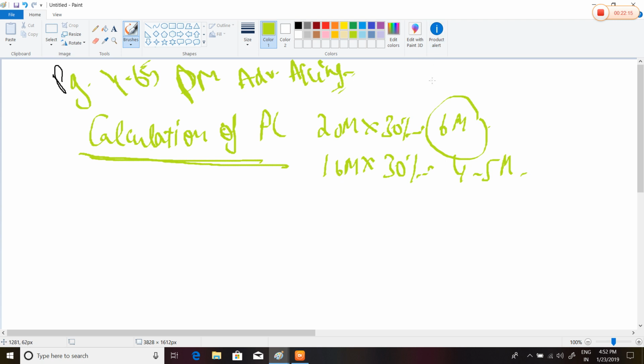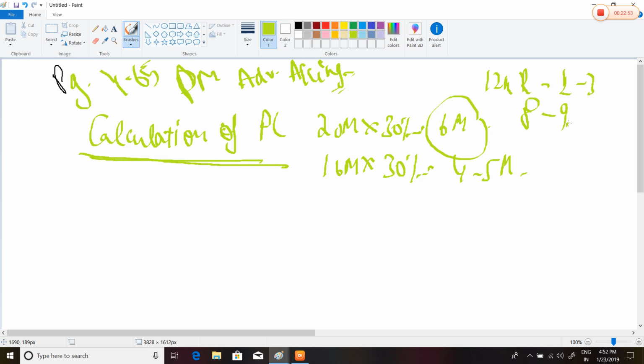In a reconstruction chapter, even if you miss 2 to 3 entries, for a 12-mark question you can easily score 8 to 9 marks. But if you calculate the purchase consideration wrong, your whole question might be affected. You may get 2 or 3, or you may get 0 marks. So please be careful while calculating purchase consideration.